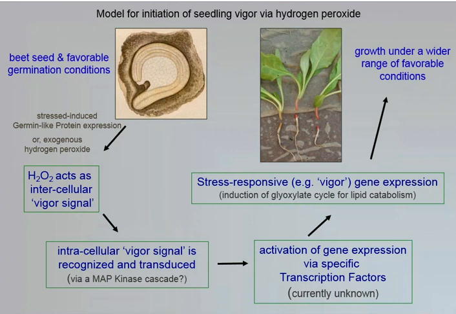And this is really a marker. So basically what's happening is this hydrogen peroxide is inducing some substrate which the plant can use for heterotrophic growth. Okay, so in essence, a vigor gene.